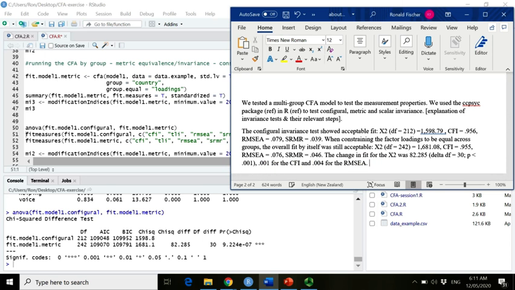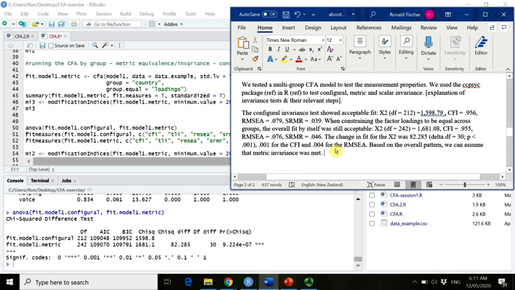Based on the overall pattern, we can assume that metric invariance was met because the CFI and the RMSEA look pretty good. So now we can proceed and test full score or scalar equivalence.